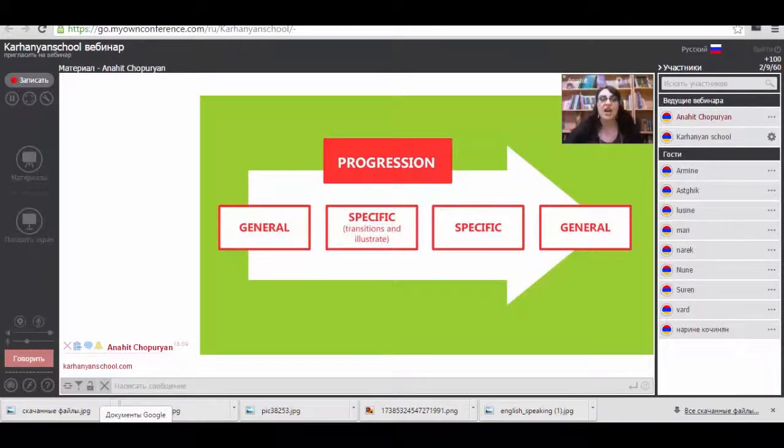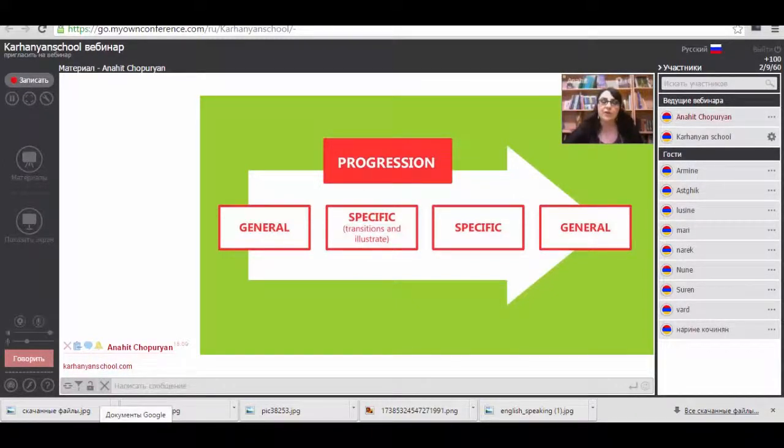In speaking, general means giving your general answer, what you think about the topic. Specific means using transitional words and giving your specific examples on the topic, clarifying and illustrating your topic with examples.